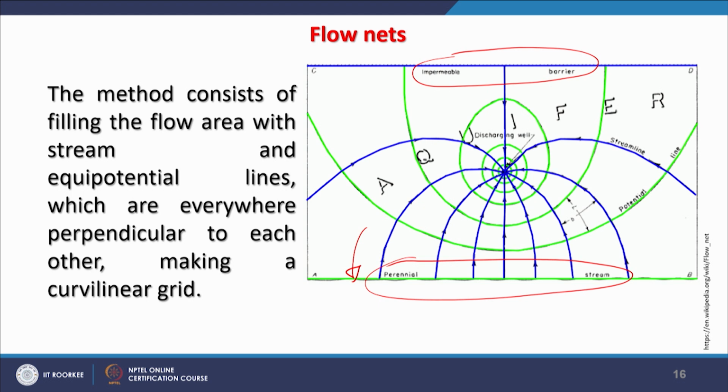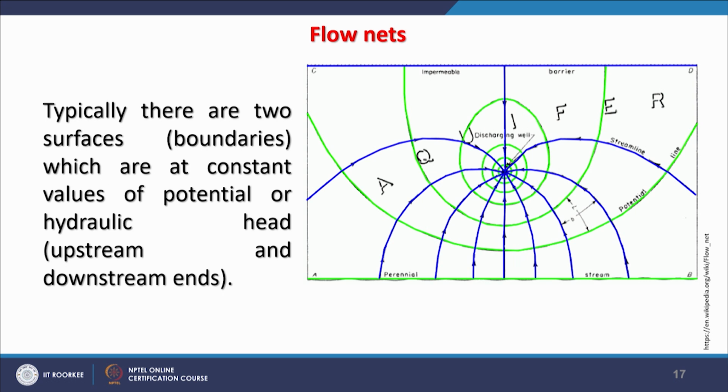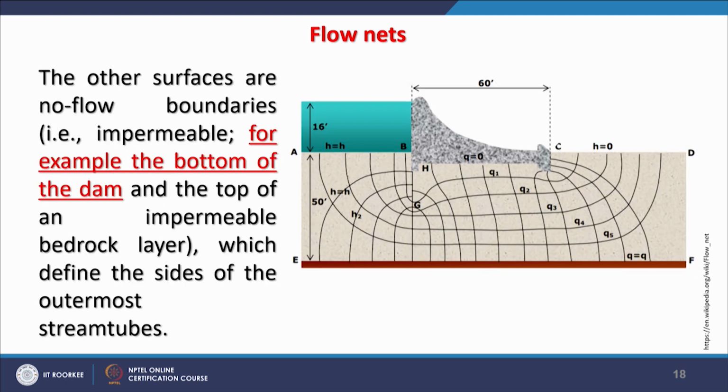So, the method consists of filling the flow net area with stream and equipotential lines which are everywhere perpendicular to each other, making a curvilinear grid which you are seeing on the right figure. Typically there are two surfaces or boundaries which are at constant value of potential or hydraulic head, that is the upstream and downstream ends. Often these surfaces are no flow boundaries, that is impermeable, which we discussed with the previous figure.